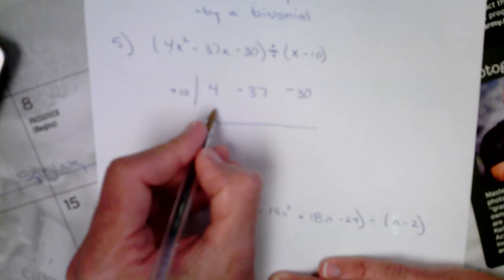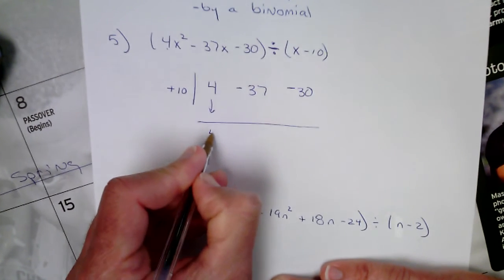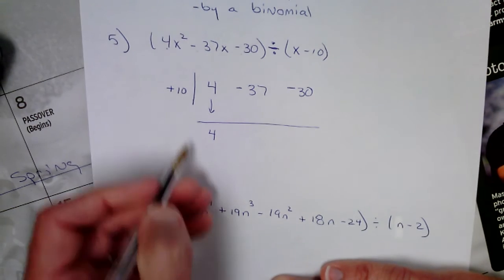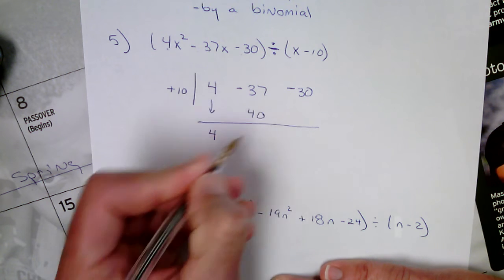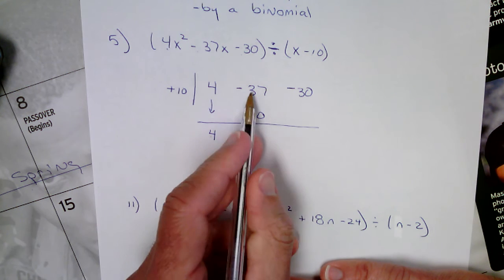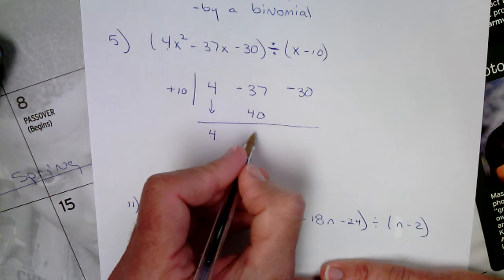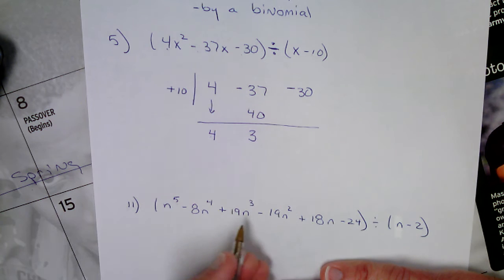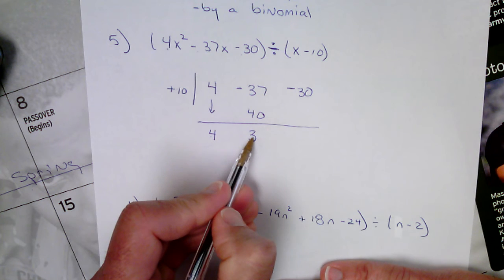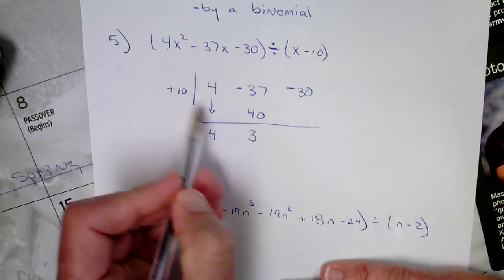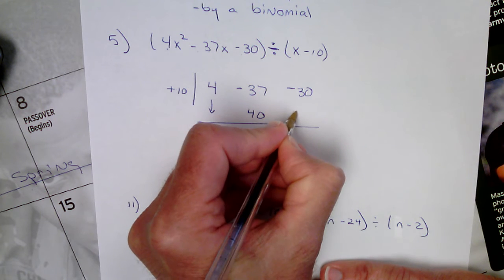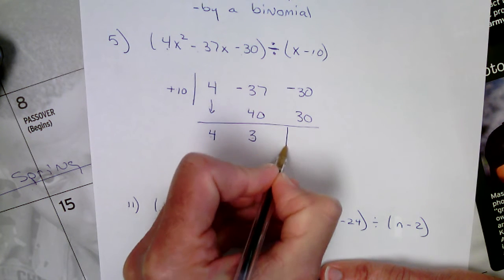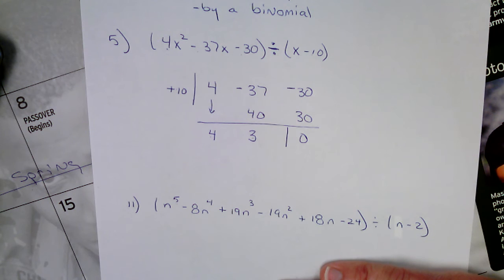And then all I do is I bring this first term down, so I write the 4, and I multiply. 10 times 4 is 40, and then I just add these two together. Negative 37 plus 40 is 3, and then I multiply again. 10 times 3 is 30, and then I add those two together, and I get 0.